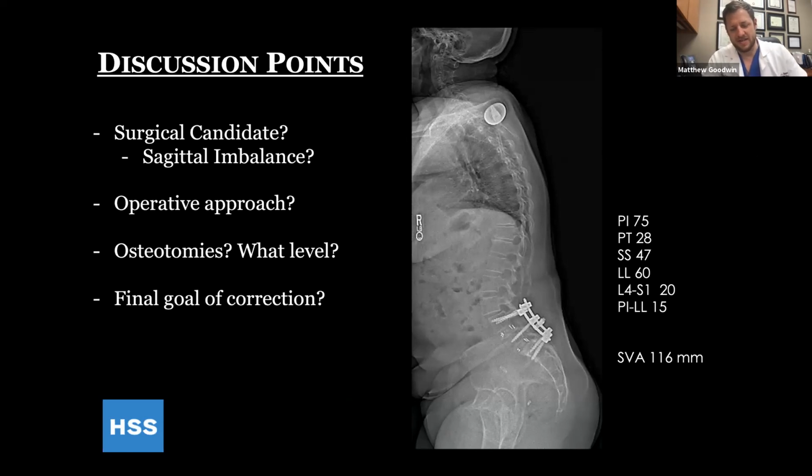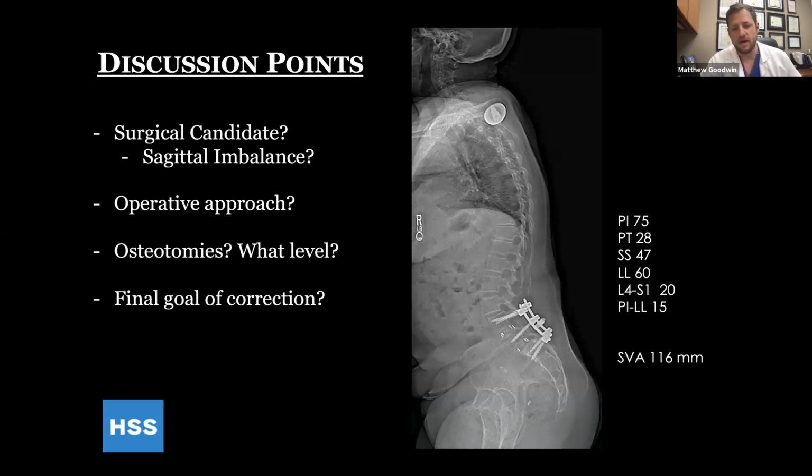At least when I look at that, I do think they're an operative candidate. I guess that's the answer here since you're showing it, but maybe it's not. The thing that jumps out and the thing I'm thinking real hard about is they have this misplaced lordosis, right? They're missing, they're so flat, L4-S1 at 20 degrees.